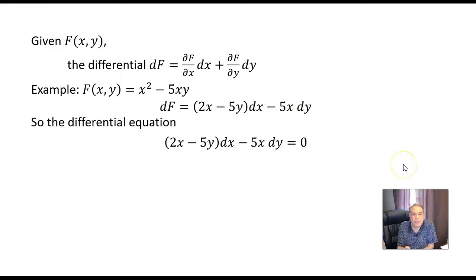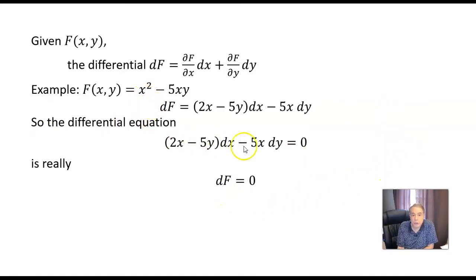So if we had this differential equation made up of 2x minus 5y times dx minus 5x times dy equals 0, the left side of that differential equation is really the total differential of some function f, in this case f being x squared minus 5xy.